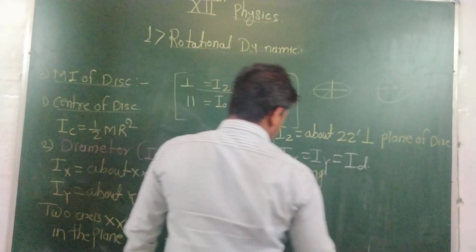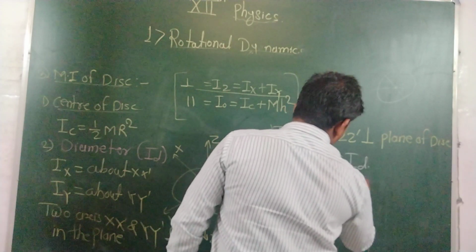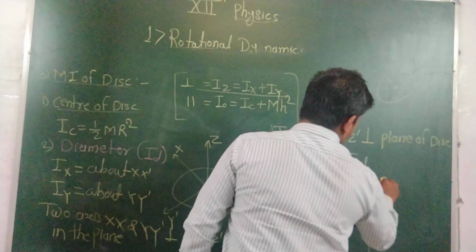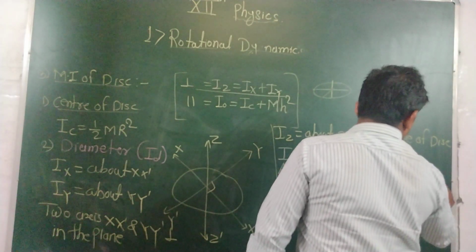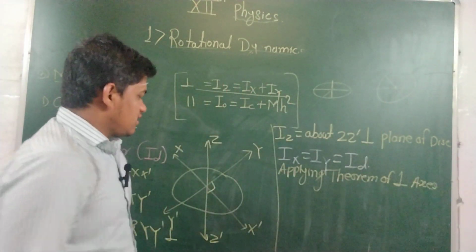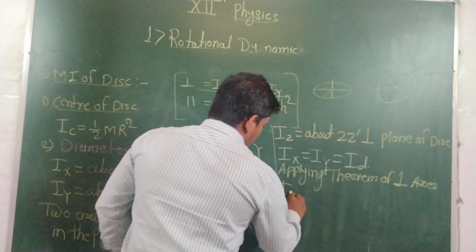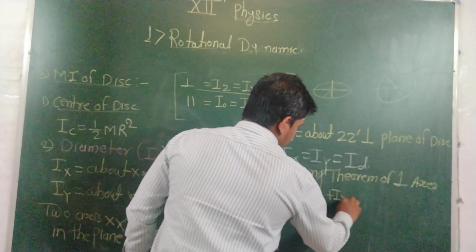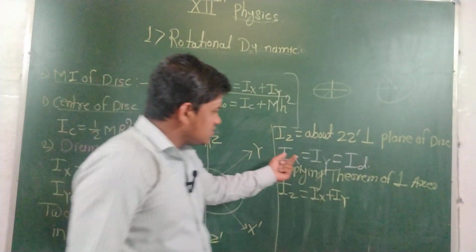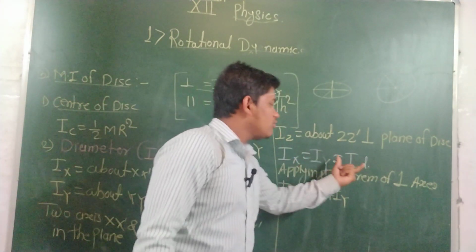Applying the theorem of perpendicular axis, I of z is equal to I of x plus I of y. I of x is equal to I of y, and both are equal to I of d.